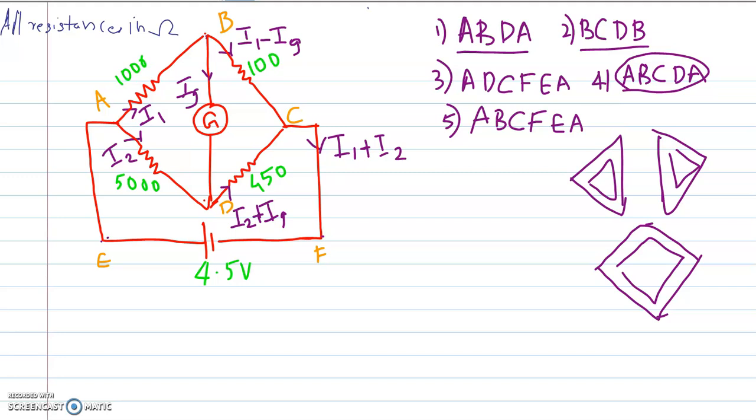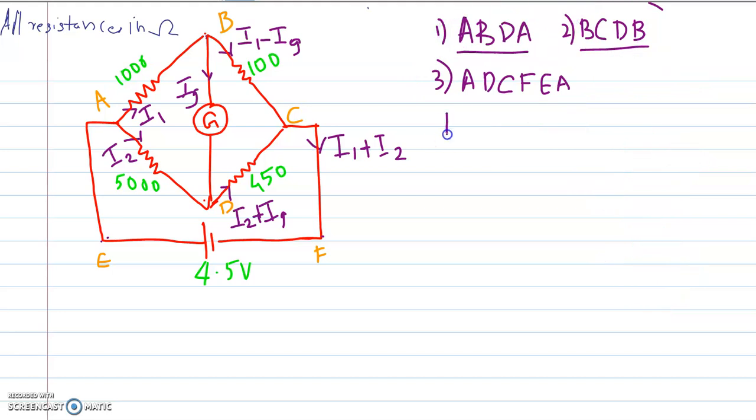Always remember that whenever you come with a new loop, it should have at least a new element compared to the previous loops. So here we'll be considering three loops: ABDA, BCDB, and ABCFEA. These are the three loops we are going to consider for solving this problem.